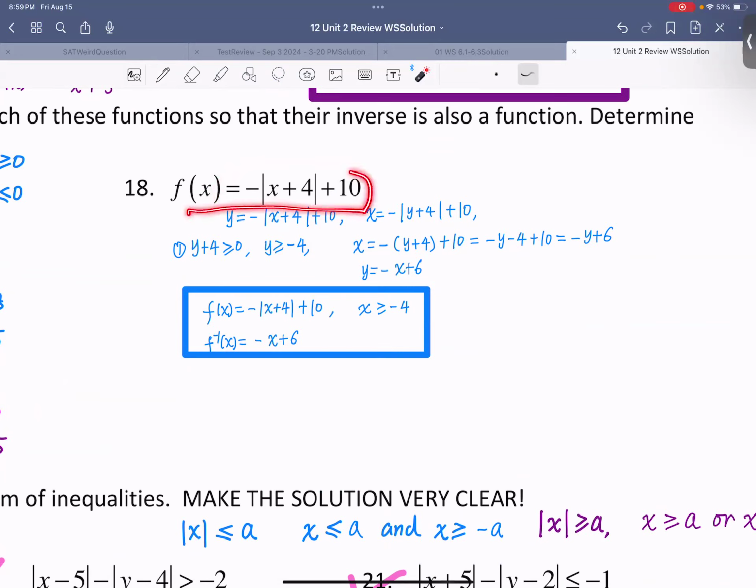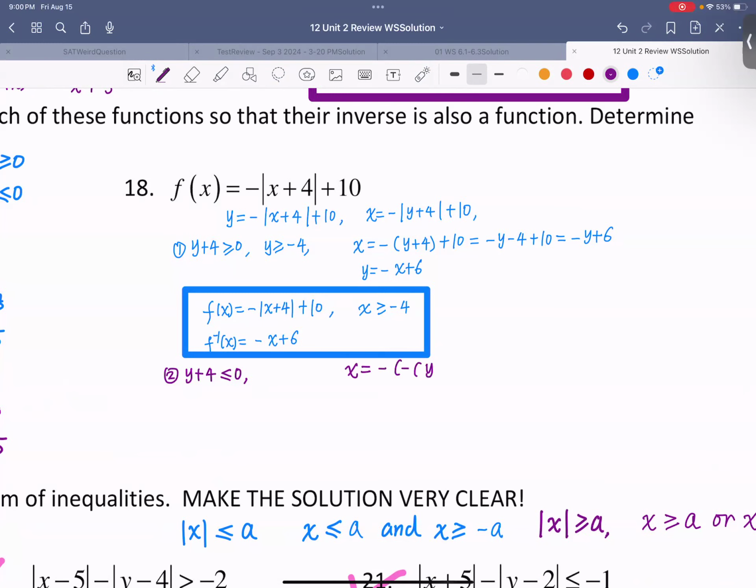Go. Okay, so for the second part, it's going to be y plus 4 is equal to or less than 0. So for the inverse function, you change it into x equals the absolute value of y plus 4 plus 10. Negative and negative, right?